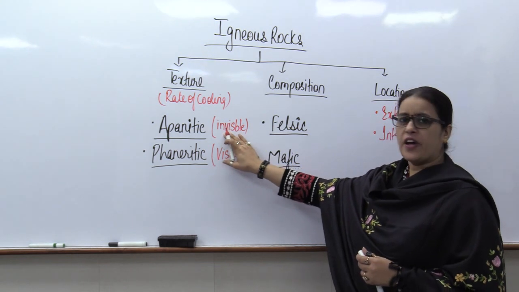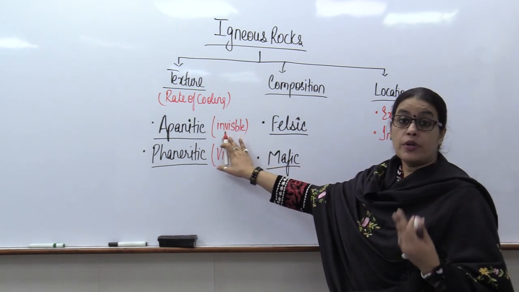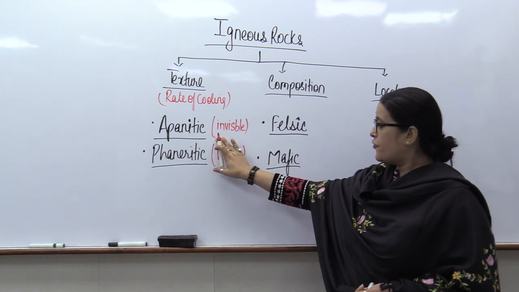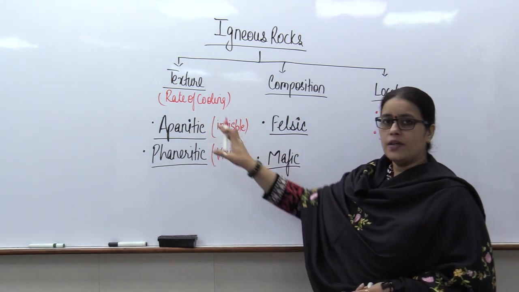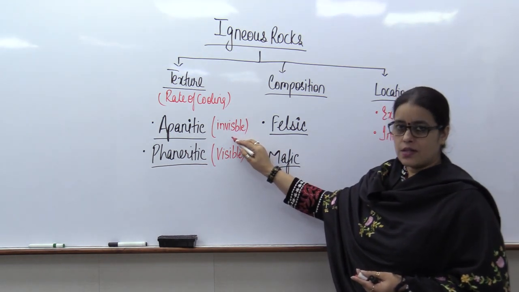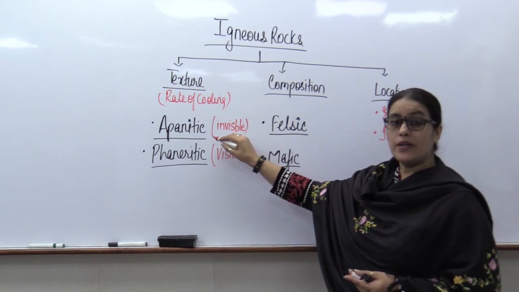And if it is very fine textured, without any instrument I cannot note that texture, it will be aphanitic. For aphanitic, the rate of cooling has to be faster, in the sense that if I am cooling faster, then only will I develop a smaller texture.